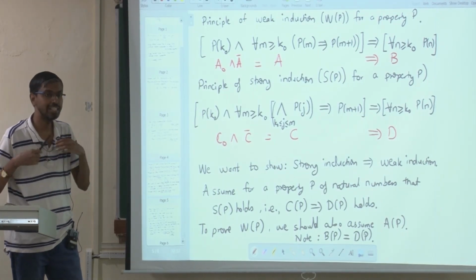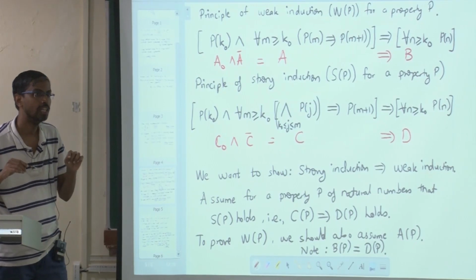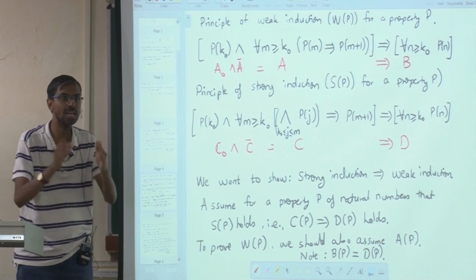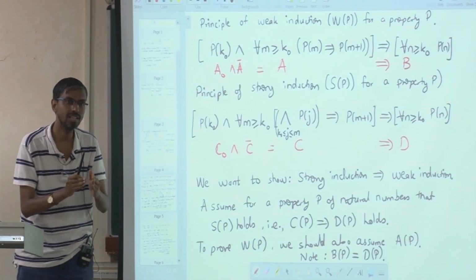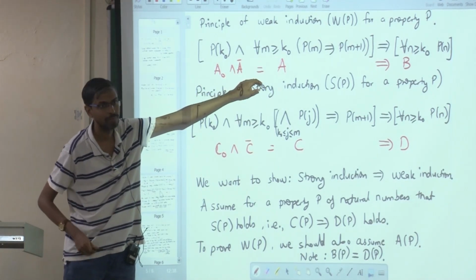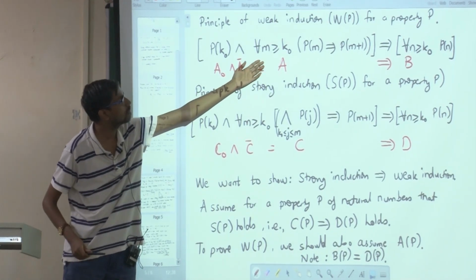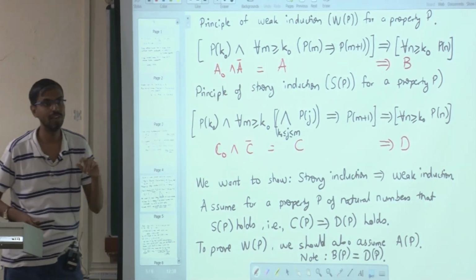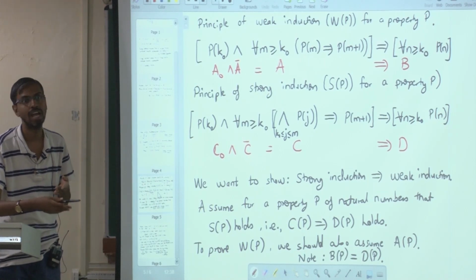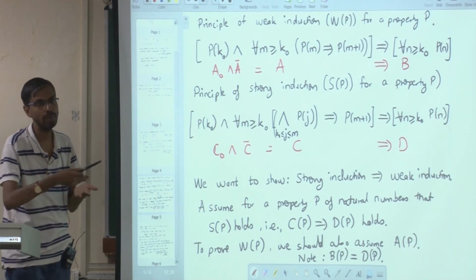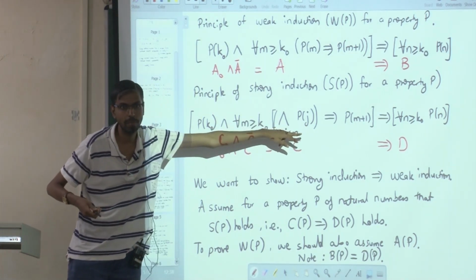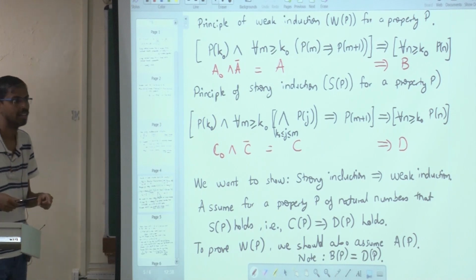Okay, so I assume that the left hand side is true. So that big conjunction is true, which means in particular Pm is true because it's in the conjunction. Now Pm is true. Okay, now go to A bar. A bar was true. So A bar says that for all m bigger equal k0, if Pm is true, then Pm plus 1 is true. And you know Pm is true, therefore Pm plus 1 is true. Therefore, this conclusion of C bar P is true, and we are done.